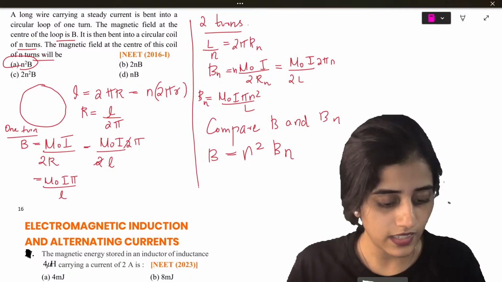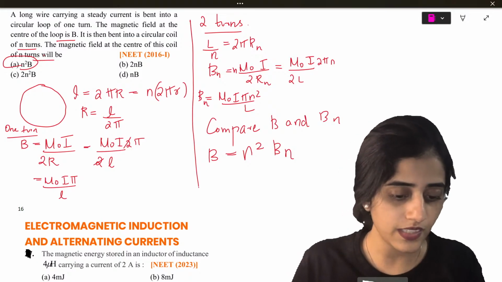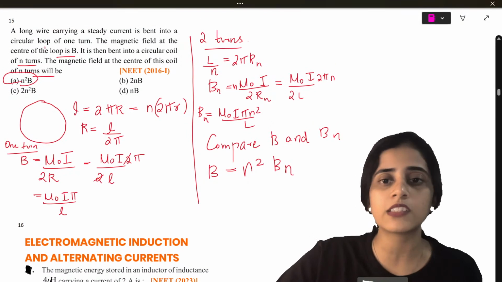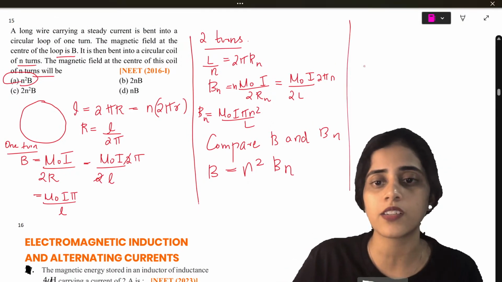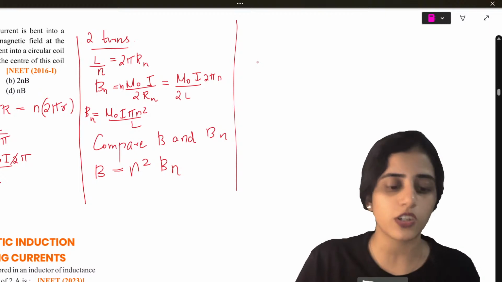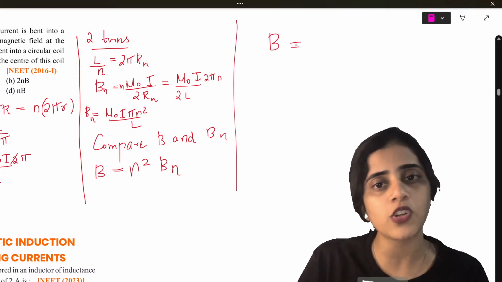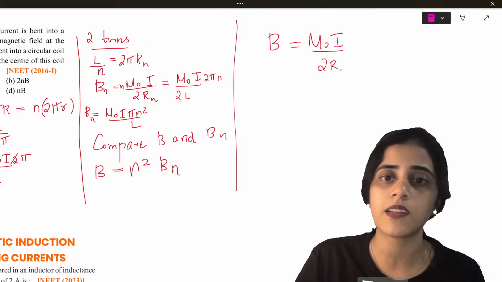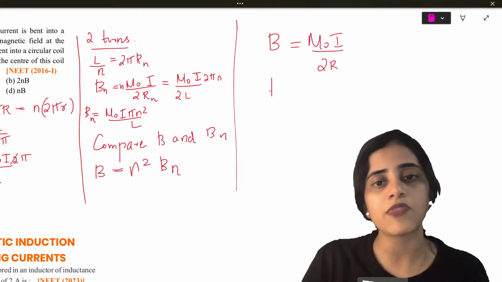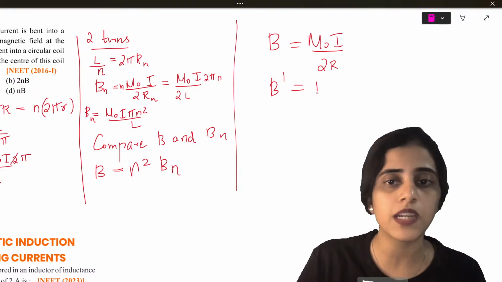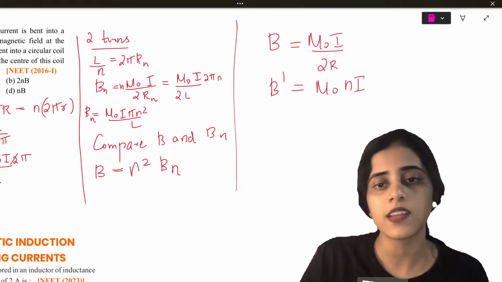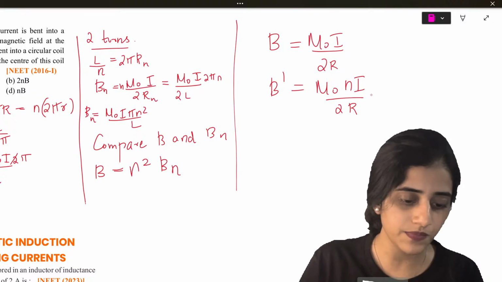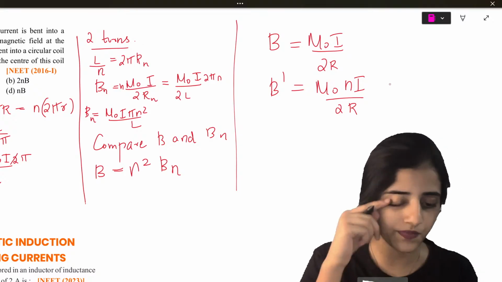Are you all getting it? Okay. Now, without all this, I'll show you an easy shortcut. The field for one turn of a coil is always mu 0 I by 2r. Now, if there are n turns, B dash is going to be mu 0 n I by 2r. Is this fine?